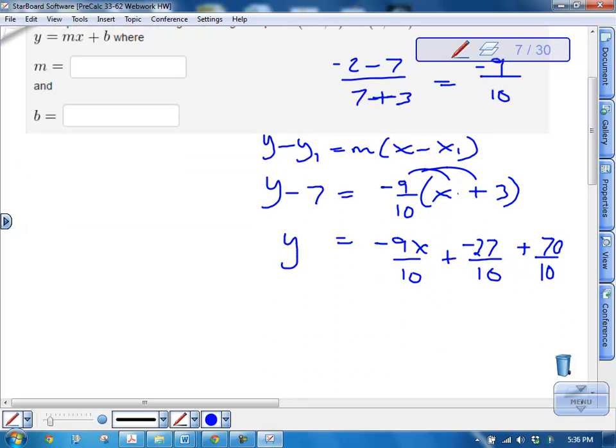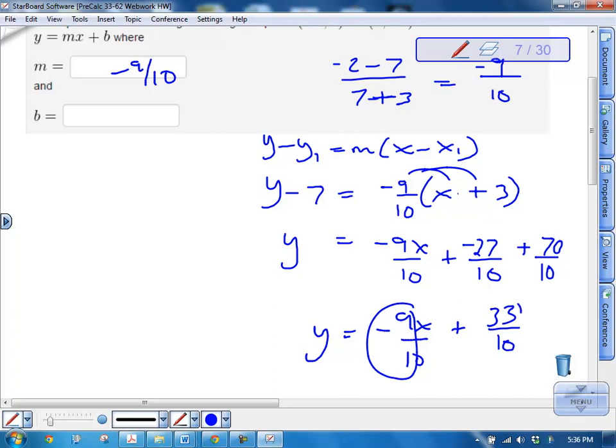In this case, it's 33 over 10, sorry. And then negative 9x over 10. So my slope is negative 9 over 10, and my y-intercept is 33 over 10.